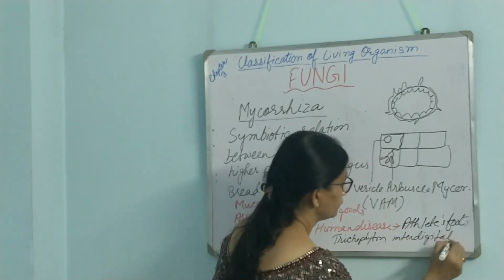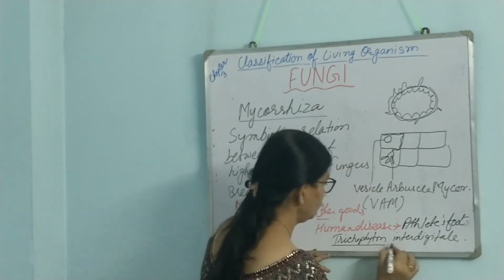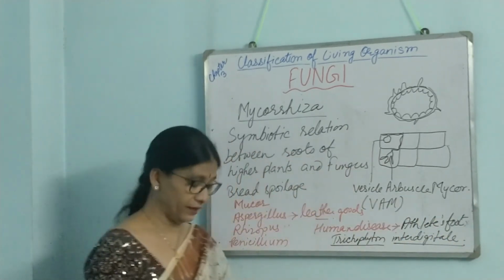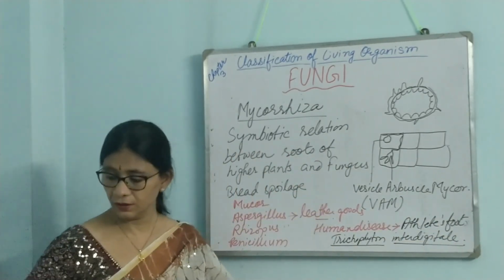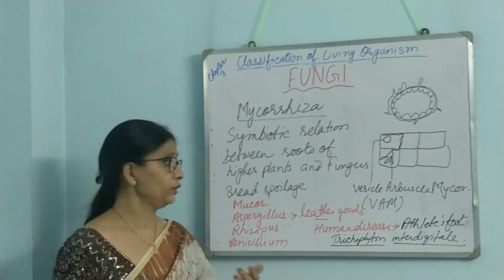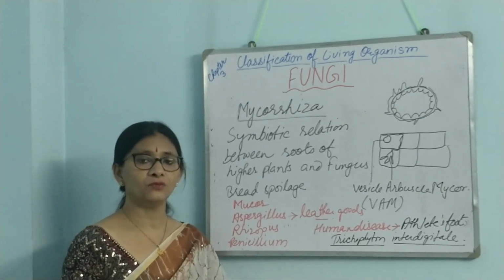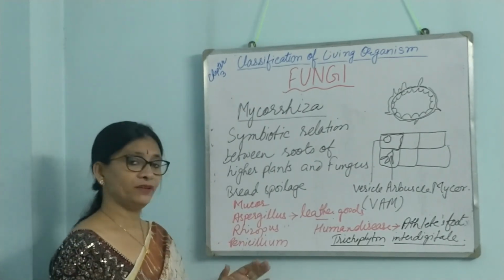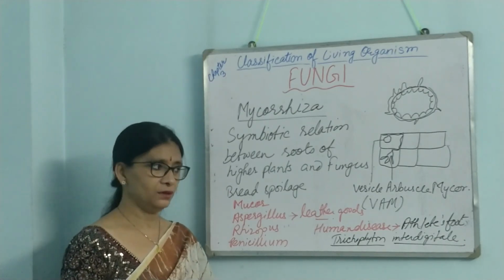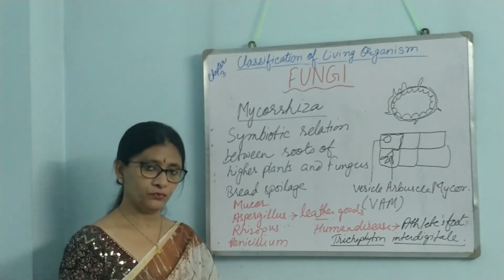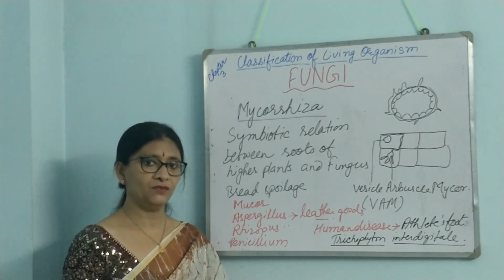It causes athlete's foot. So this was just a few names of uses and harmful effects of fungus. So with this we conclude the topic fungus. Now we shall move to the next classification, which is Plantae.